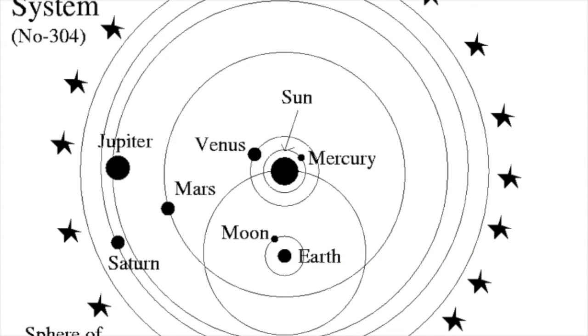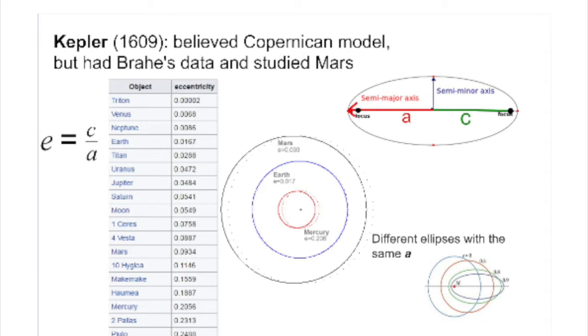Now, Kepler did believe in the Copernican model, not the Tychonic system that Tycho Brahe dreamed up. But he had Brahe's data, and he studied Mars. And fortuitously, Mars had an orbit that was the most uncircular of all the orbits that he could have been asked to study.